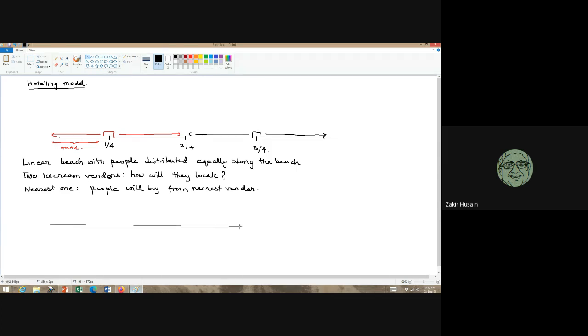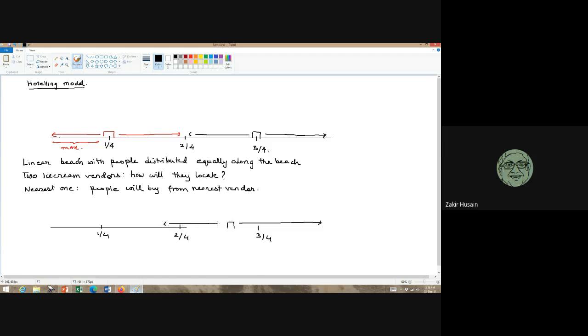Now, one person becomes very greedy. He decides to come over here. From here, he moves over here. So what happens is, he captures this entire part, and now the distance with the second vendor is lowered.